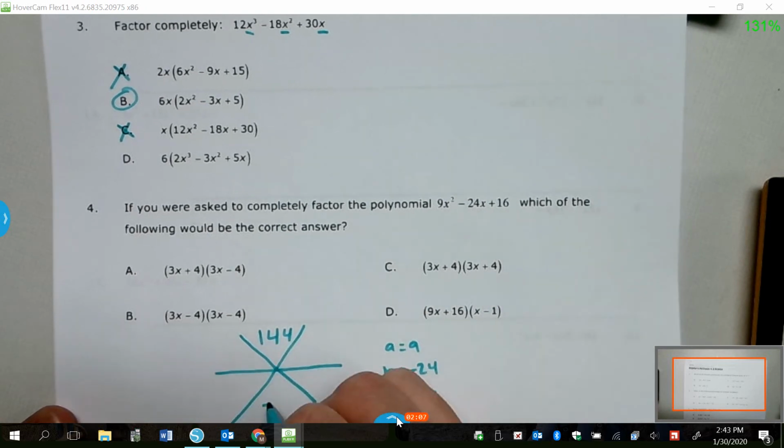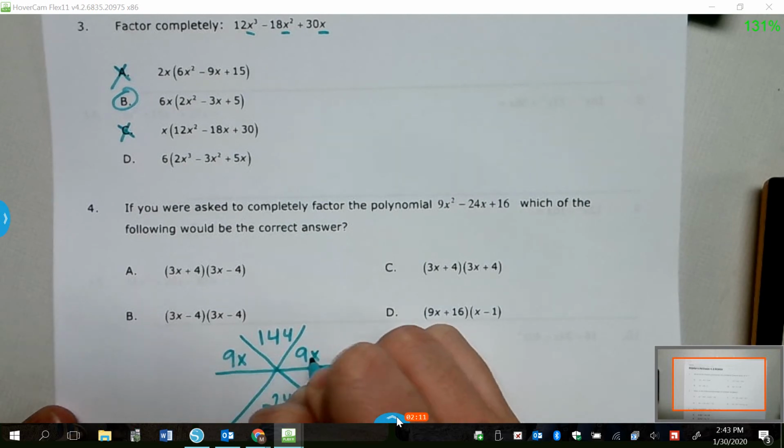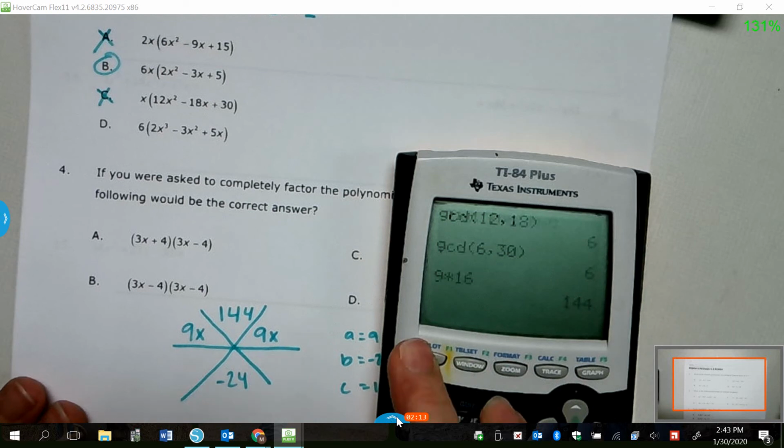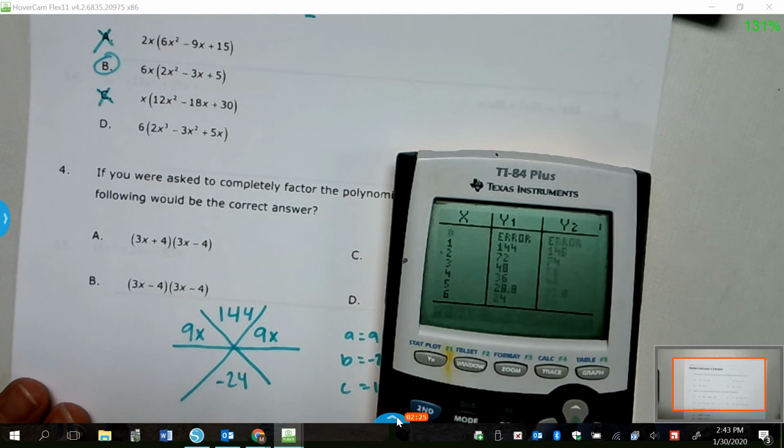B is negative 24. A is 9, so 9x, 9x. So then I need to find what multiplies to give me 144 and adds to give me negative 24. So I can do my top number divided by x, my top number divided by x plus x. Second graph. Okay, I need to find negative 24 right here. So those are all positive. Let's go up.